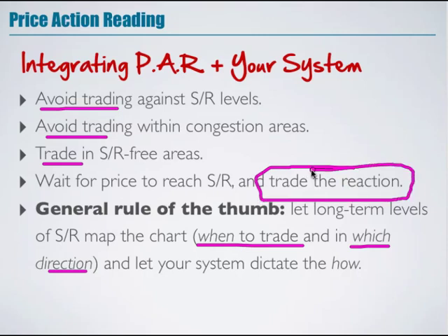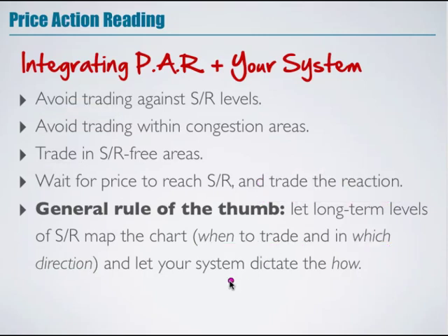Then let your particular trading system, as per your system's rule set, dictate the how, meaning how to pull the trigger, how to enter the trade, where to position your stop loss, where to position your profit taking levels, when to trail your stop loss to break even, how many lots to trade, etc., etc., etc. All right? It really is as simple as that, guys.